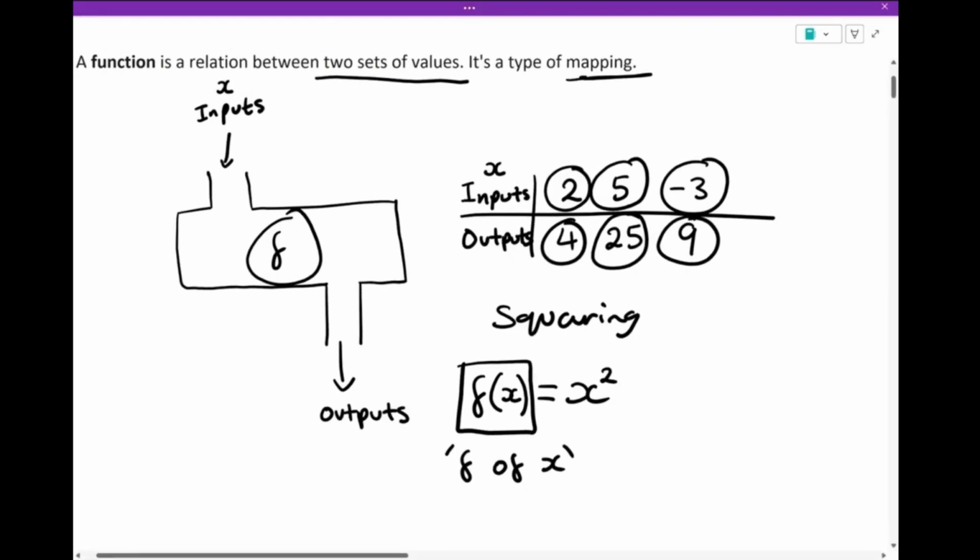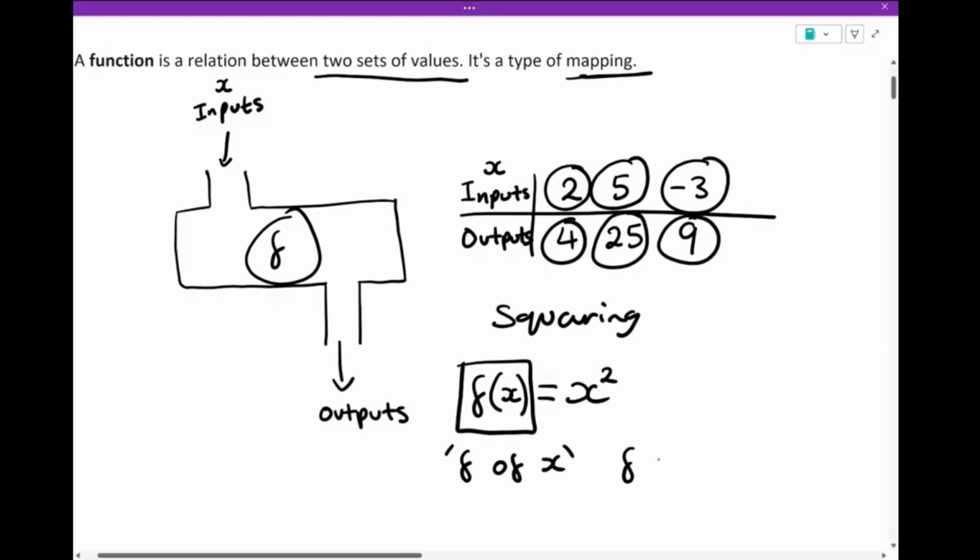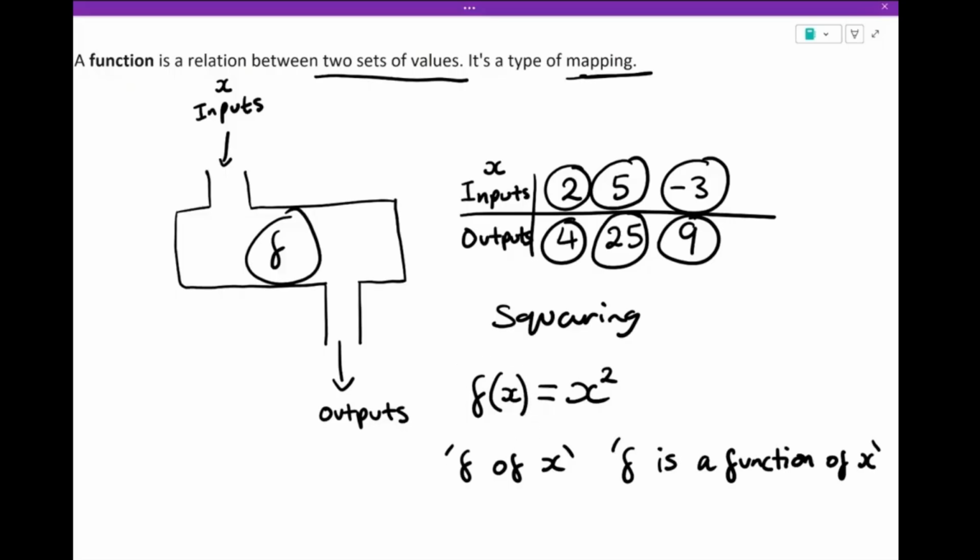Or what you could say alternatively is that f is a function of x, because x is what we are substituting into my function. Now just to be clear, this f here is not multiplying the brackets, okay? You can't divide by f. This is just special notation that we use to represent a function.